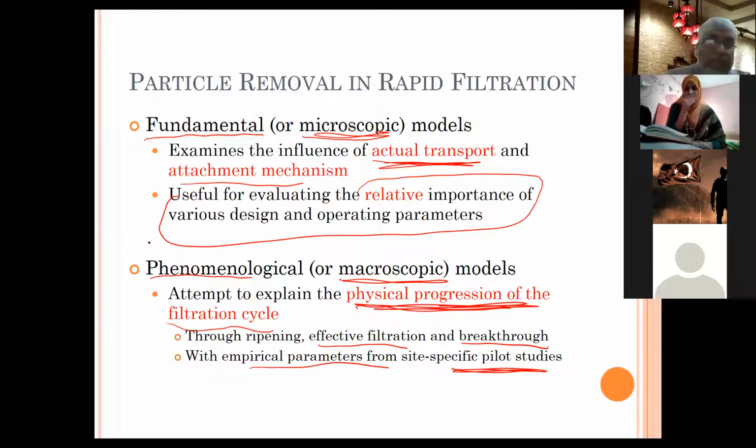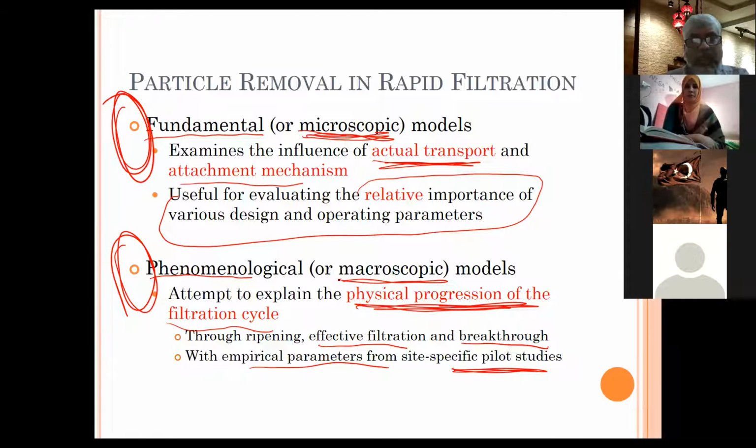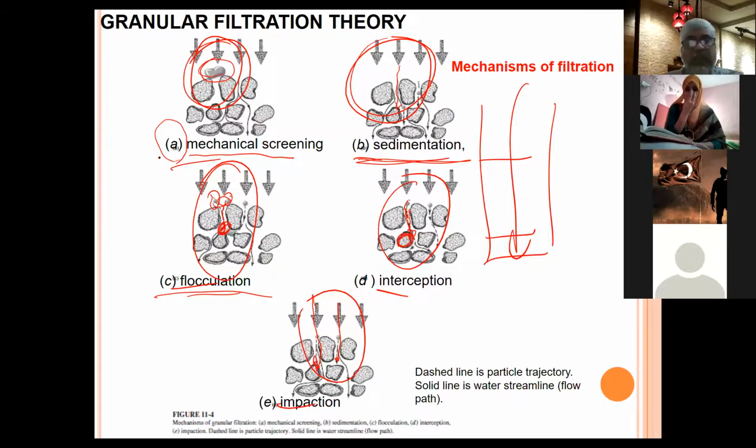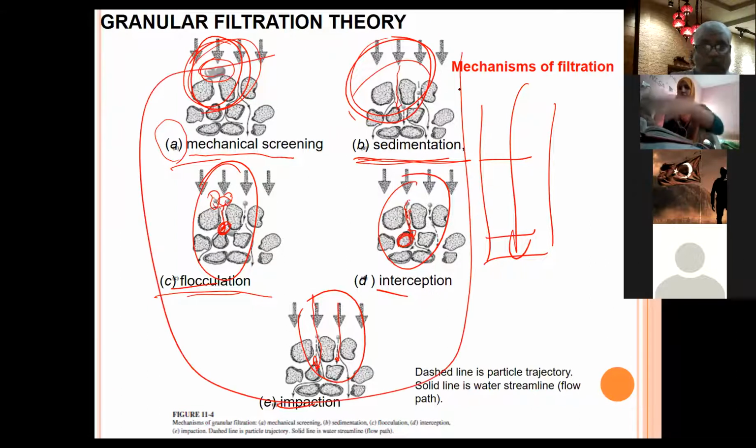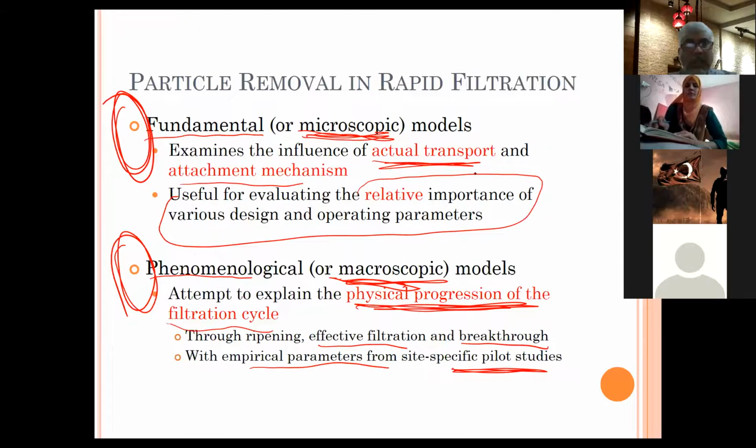So generally, there are two types of filtration models: one is microscopic, another is macroscopic. Microscopic sees the individual transport or filtration mechanisms, and macroscopic sees all of them as a whole, whatever is happening during physical filtration.